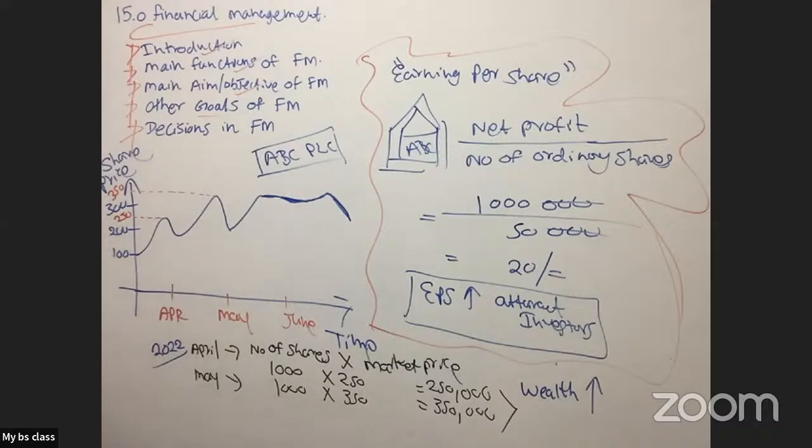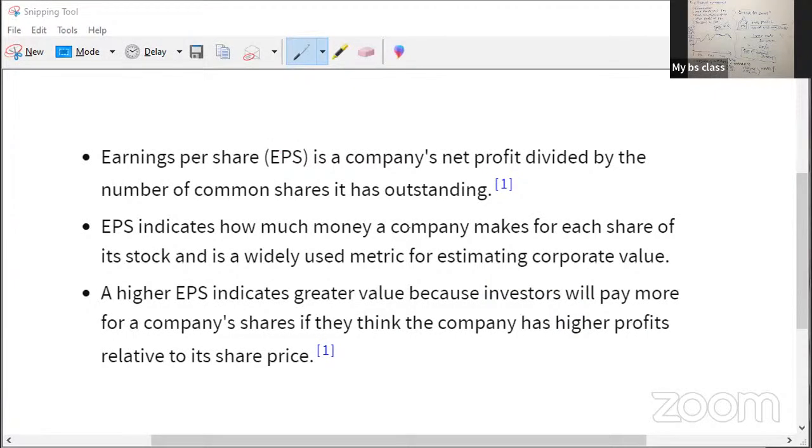Right, let's move to a quick note. Earning per share is a company's net profit divided by the number of common shares.